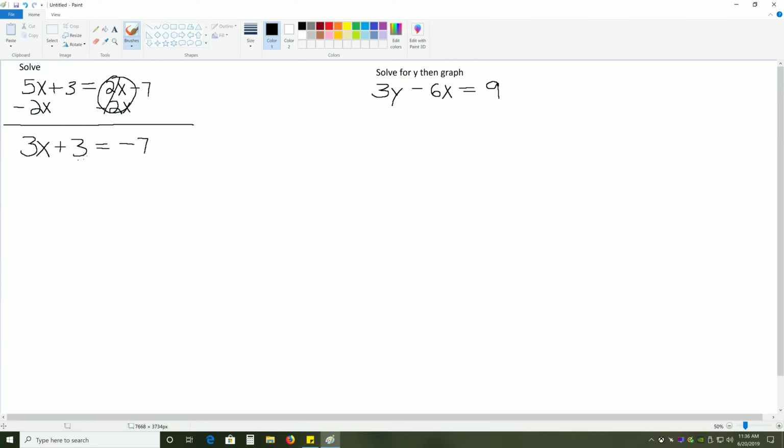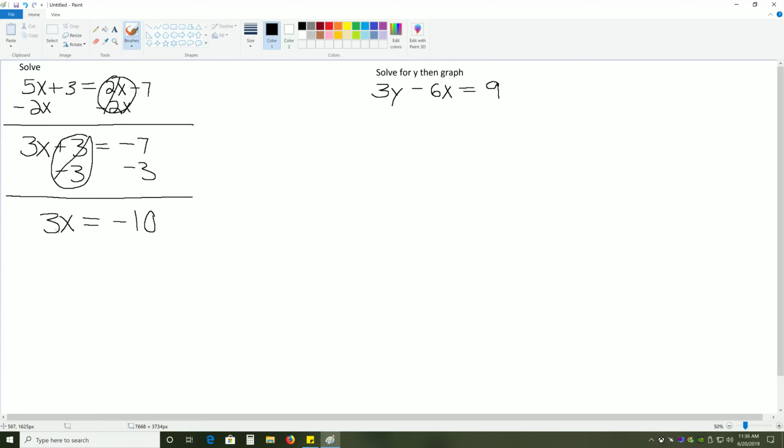So because we're adding 3 to it, we have to subtract 3 from each side, just like we had to subtract that 2x from each side. And when we subtract this 3 from each side, the plus 3 and the minus 3 will cancel out, leaving us with 3x equals negative 7 minus 3, which is negative 10.